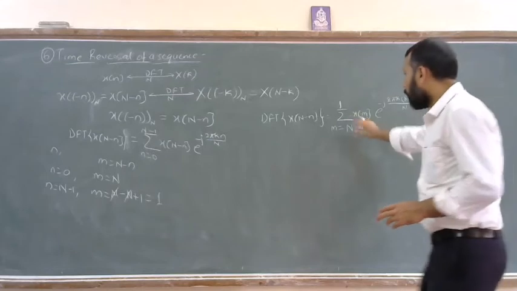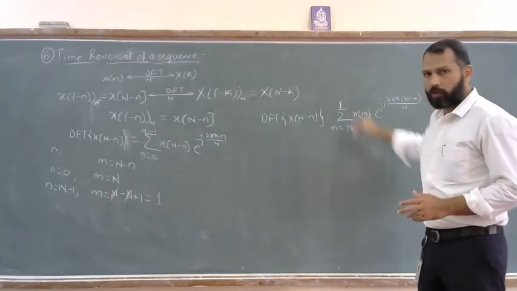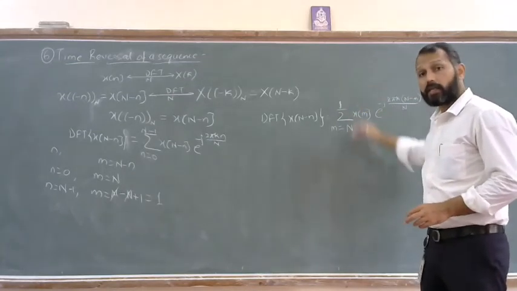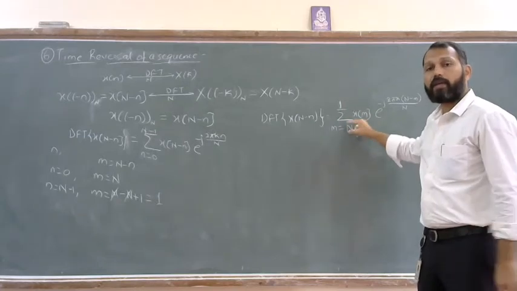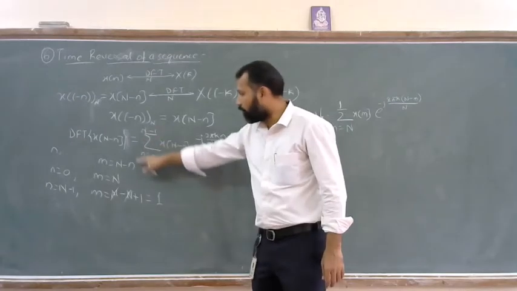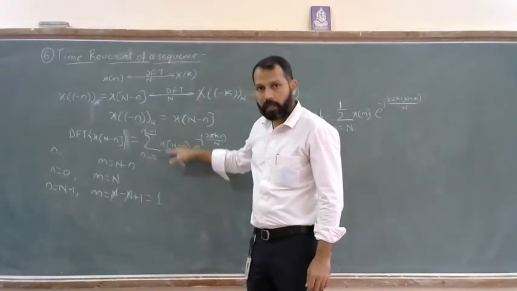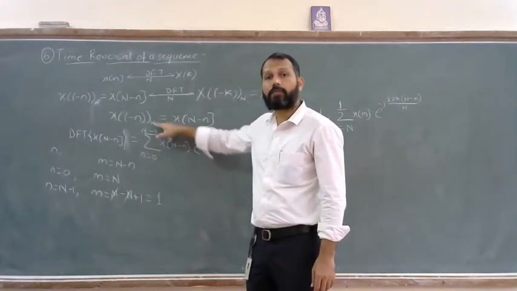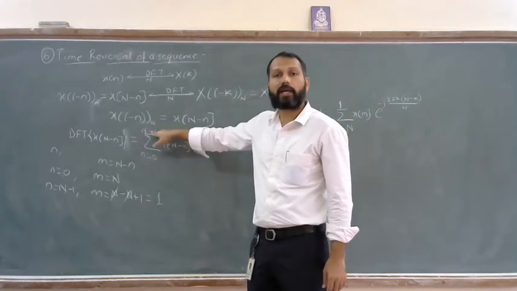Now we might be tracing it backwards from N to 1, but in general, the total will be N number of samples. If you observe the standard definition of the DFT, here also there are N number of samples starting from 0 to N minus 1.